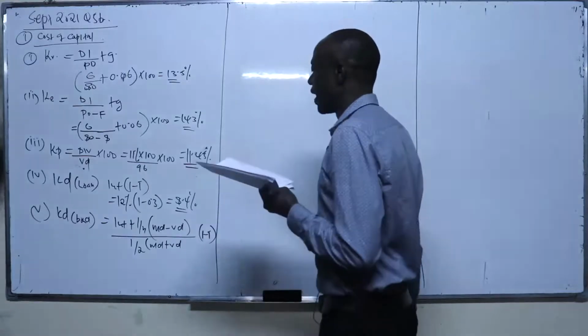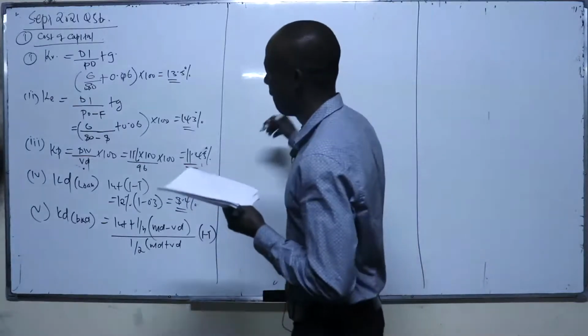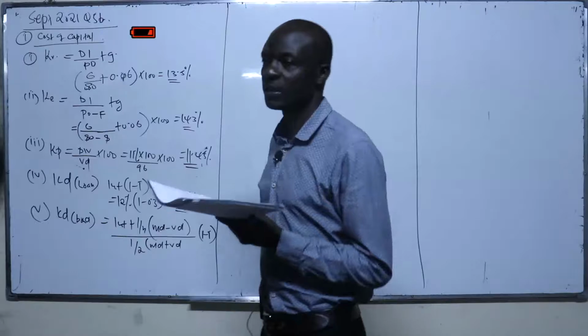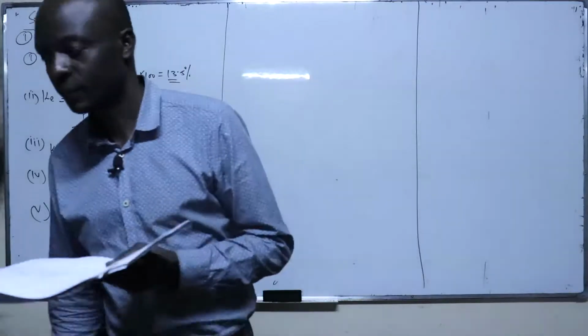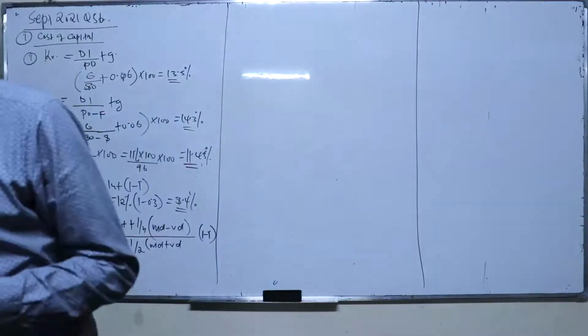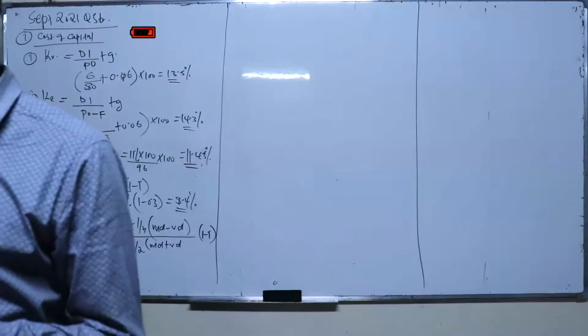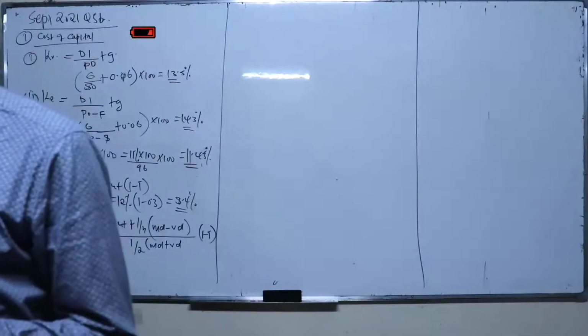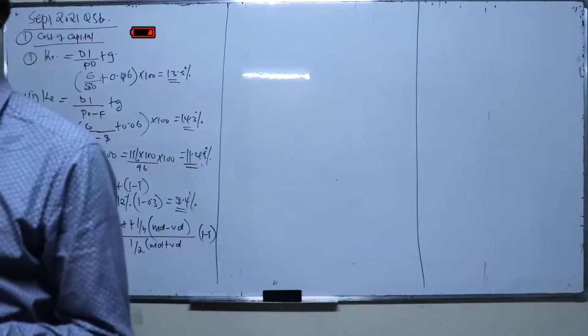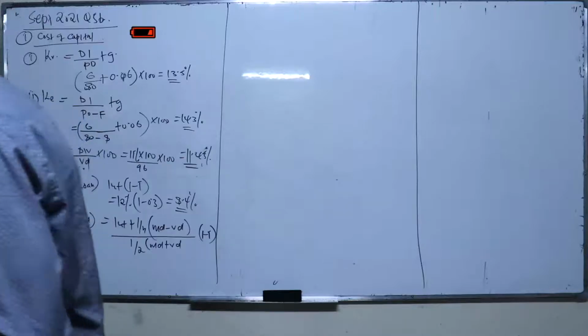So now, what does MD stand for? Par value. Now VD, the market value, isn't it?